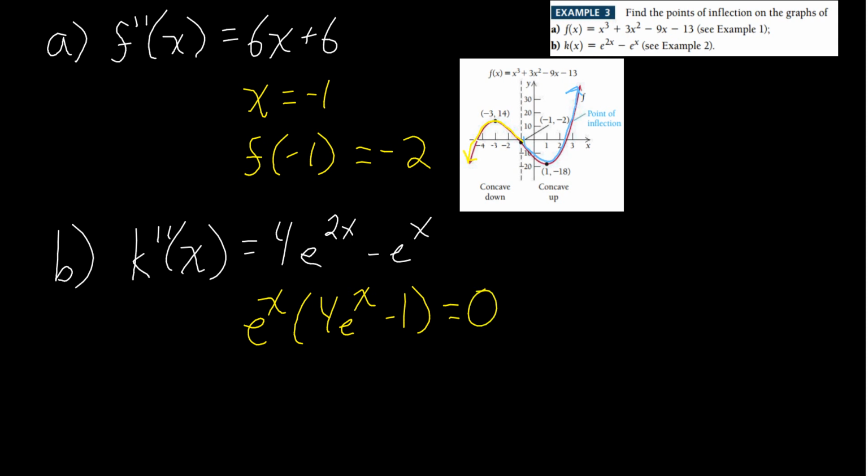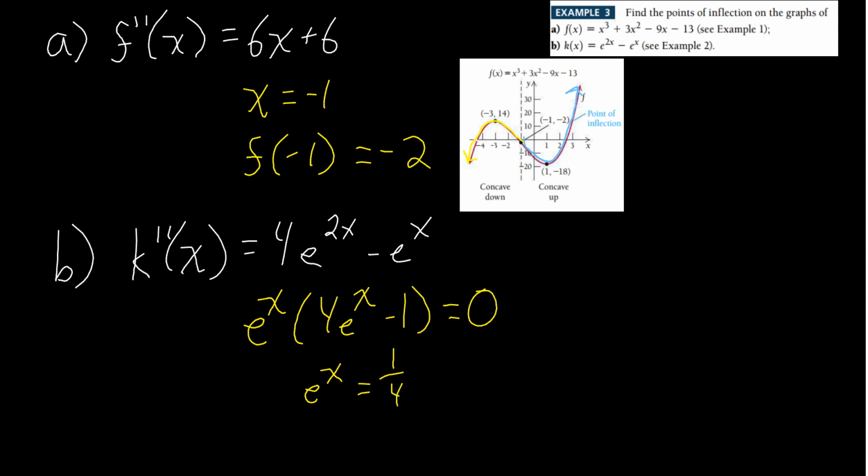And same thing as before, my e to the x is always going to be greater than 0, so we're just going to focus on what's inside here. So we're going to add 1 and then divide by 4. So we're going to have e to the x is equal to 1/4.